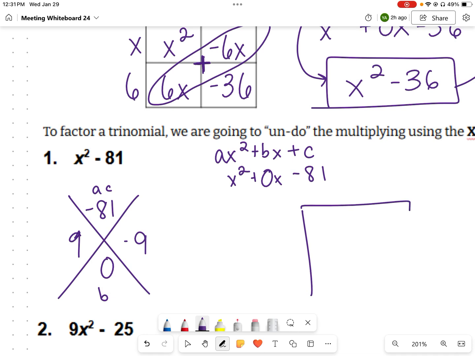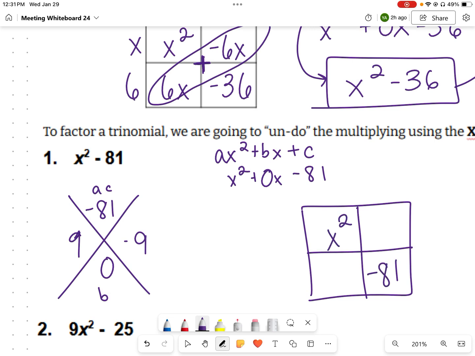So if we have a box, let's go ahead and fill in our box. So we have x squared minus the 81. Then we have 9x and negative 9x. Then we've got a factor.